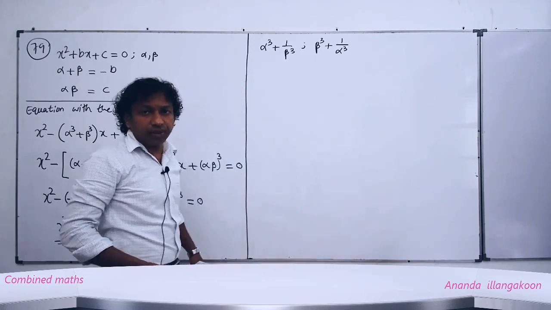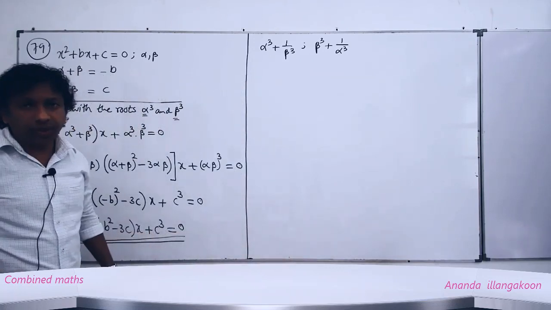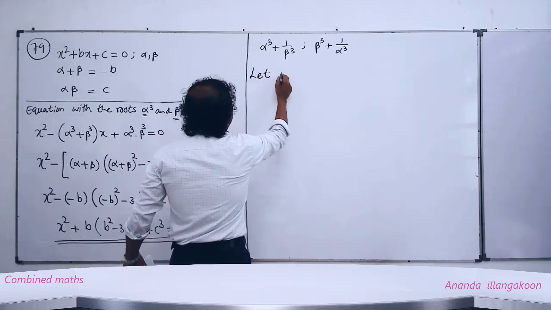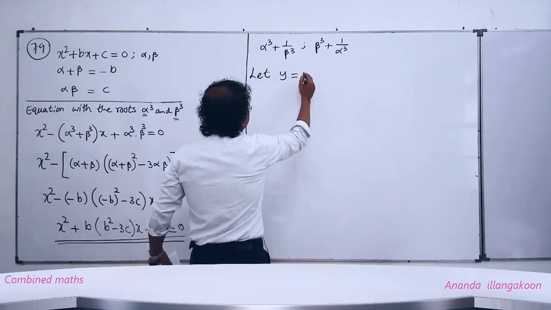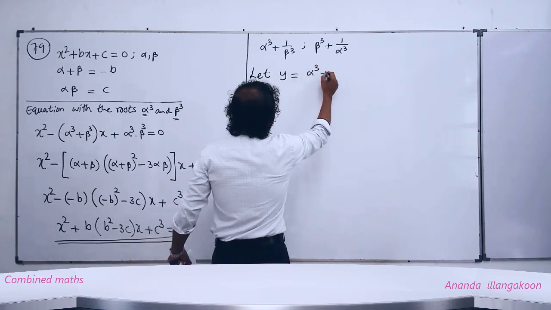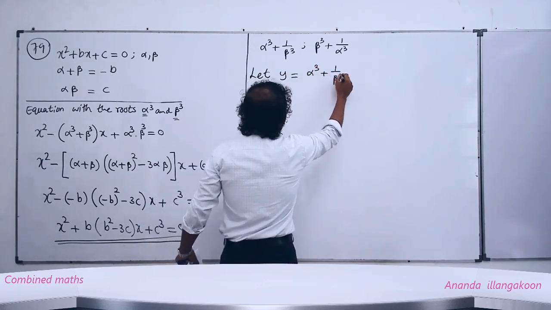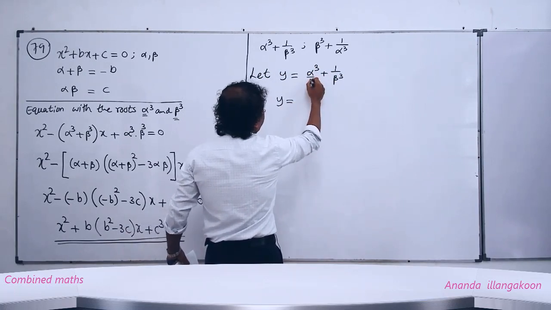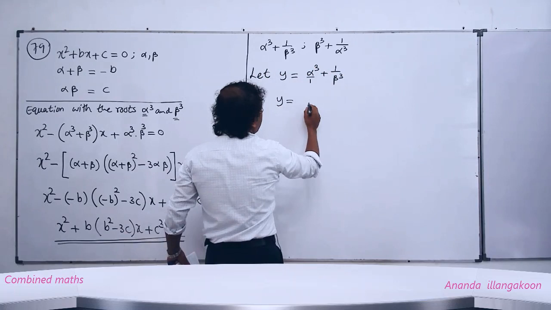Then we have to take any root there as y. Let y equal alpha cube plus 1 upon beta cube. Take alpha cube as having denominator 1, and take the common denominator as beta cube.